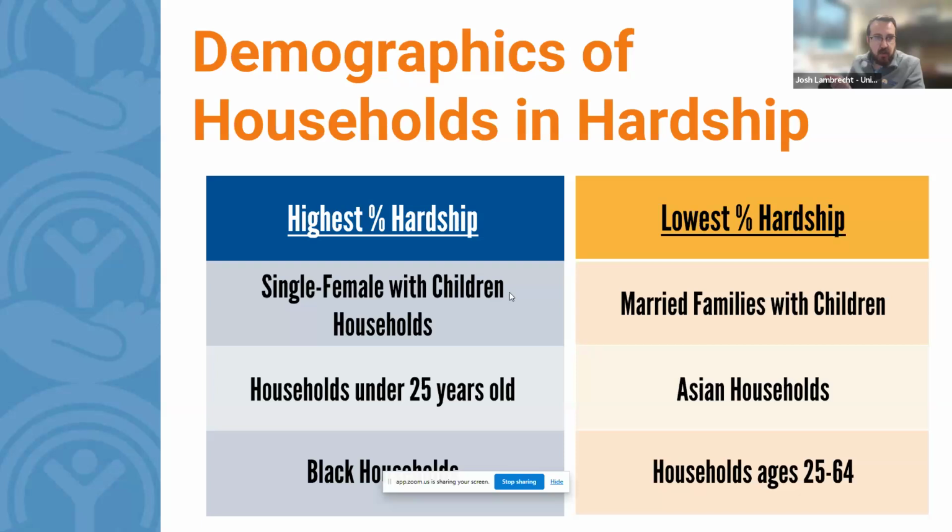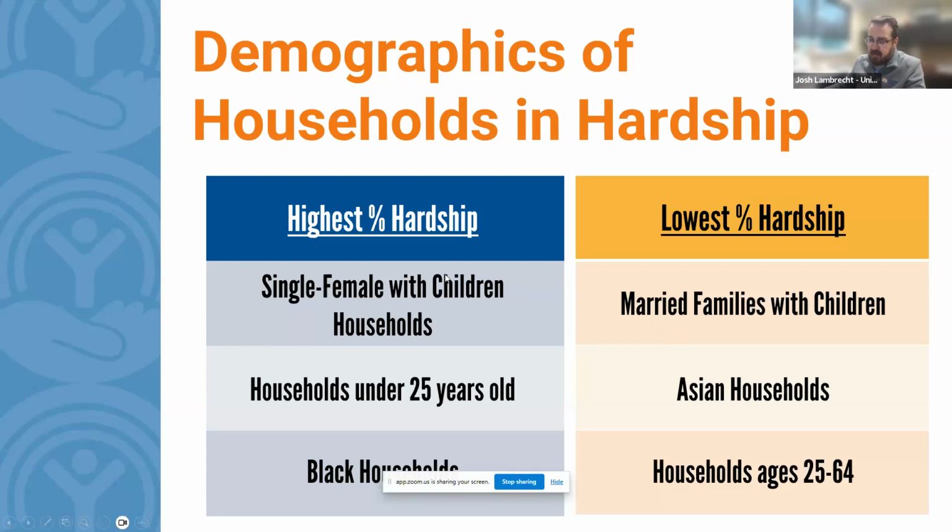Households with folks under 25 years of age and Black households in our communities are also struggling at the highest rates. With regards to the lowest rates of hardship, married families with children, Asian households, and households between the prime working ages of 25 to 65 tend to have a lower percentage overall below the ALICE threshold.